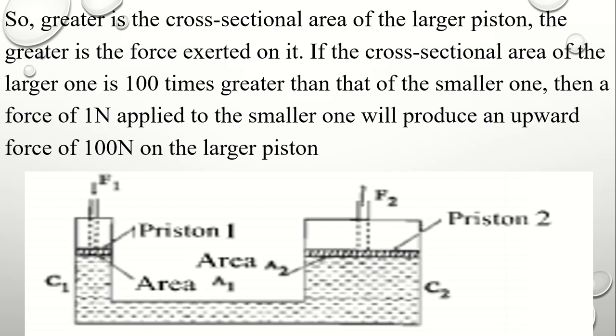If the cross-sectional area of the larger one is 100 times greater than that of the smaller one, then if 1 Newton force is applied on the smaller piston, 100 Newton force will be exerted on the larger piston. That means this is the principle of multiplication of force.